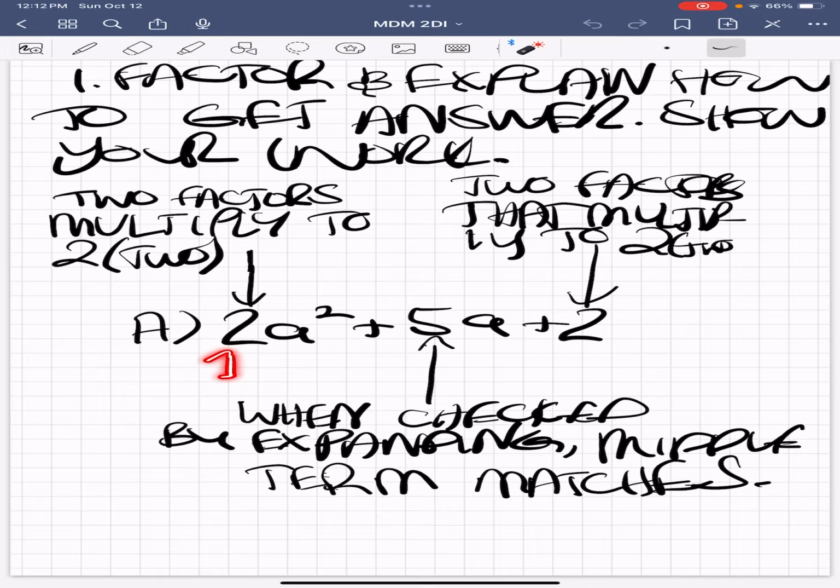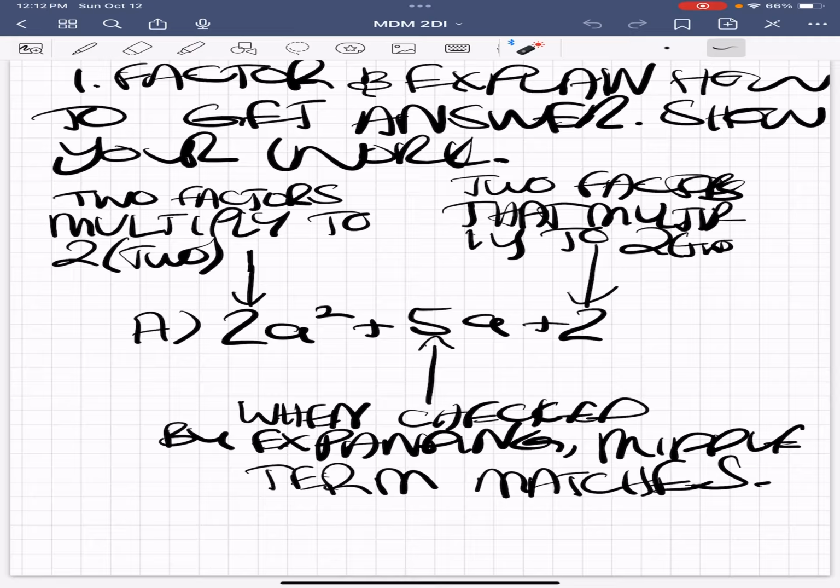It has 2 in the front as a coefficient of a squared. So what we need is 2 factors that multiply to 2a squared, and then we need 2 factors that multiply to 2, this term. And then when checked by expanding, the middle term has to match.